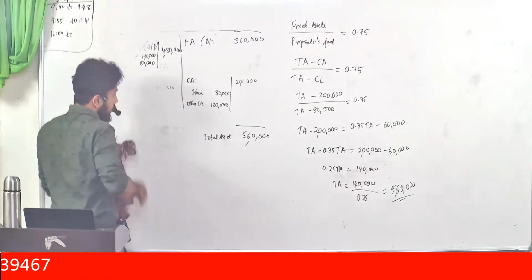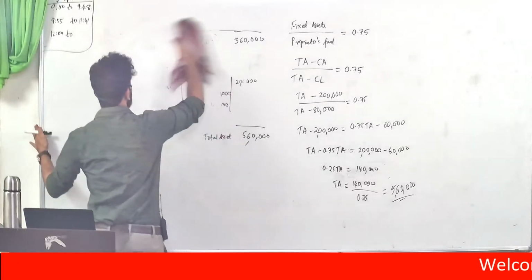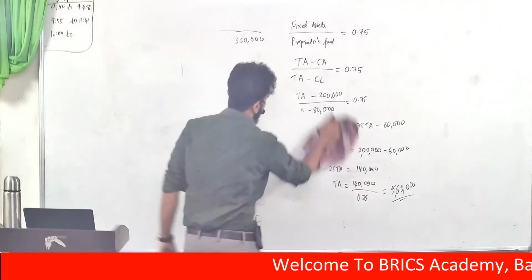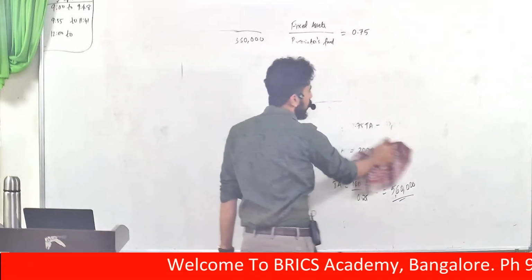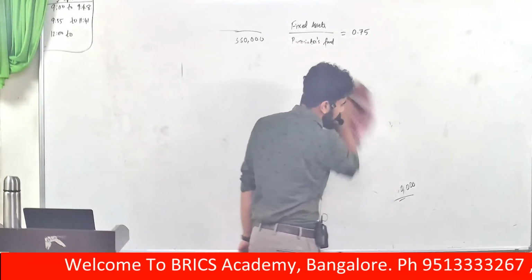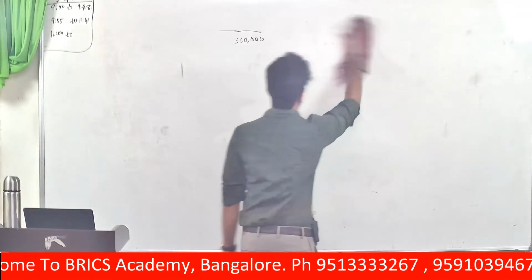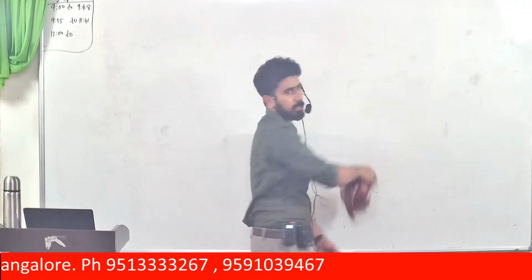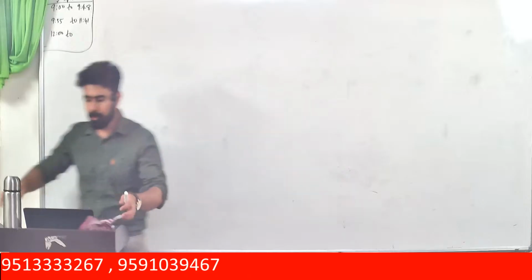Turnover ratio, or activity ratio, or performance ratio, these ratios will tell you how effectively you are using each element of a company. This is what these ratios will tell you.